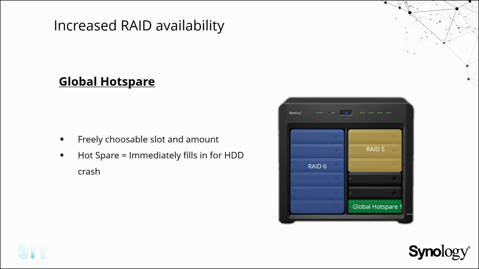This technology is ideal for environments that are not always supported or accessible. Global means that the hard disk would jump in at every RAID. So for example, if we have 2 separate RAIDs running in one system, we do not necessarily have to define the hot spare for each RAID. The hot spare jumps in for the RAID independently.